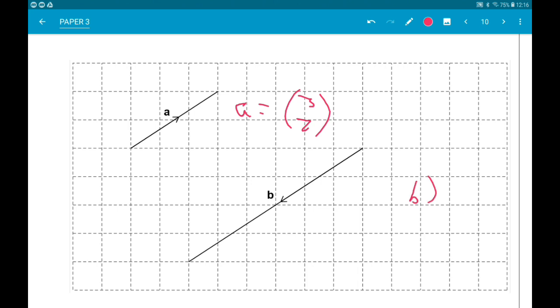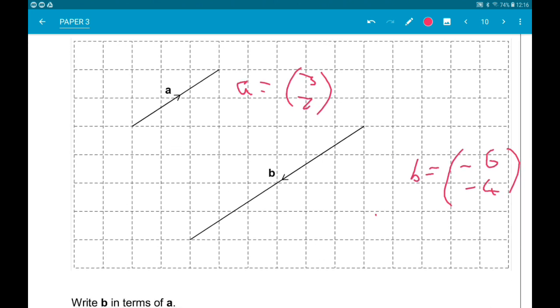Now B is taking us 6 places left and 4 places down. So it's (-6, -4). Now we can factor that. There's a common factor in there of minus 2. So it's minus 2 lots of (3, 2). So B is minus 2A.